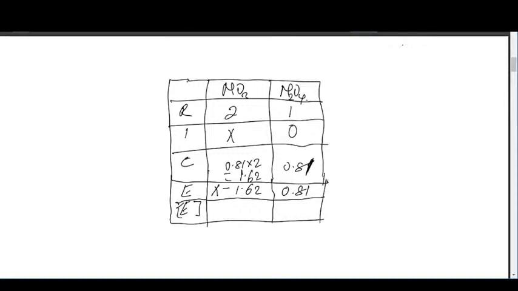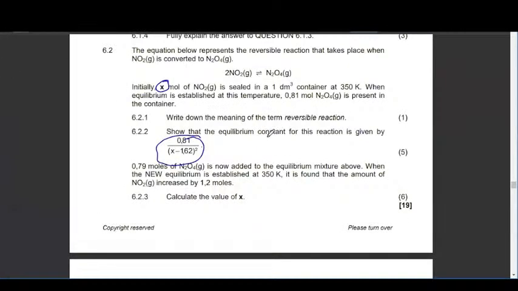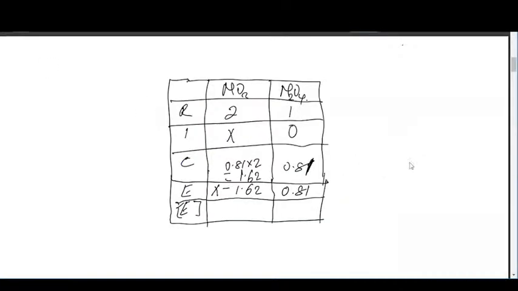Remember that concentration is equal to number of moles divided by volume. The number of moles is this, and the volume is 1. Therefore, it's going to be exactly the same, 1.62, 0.81.